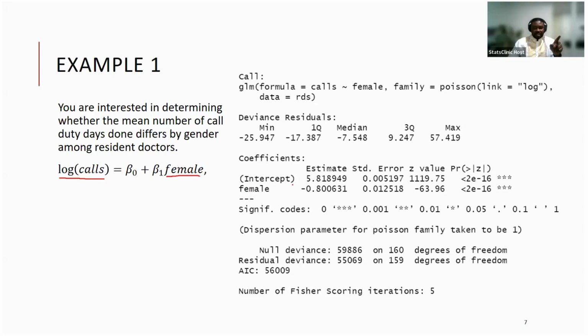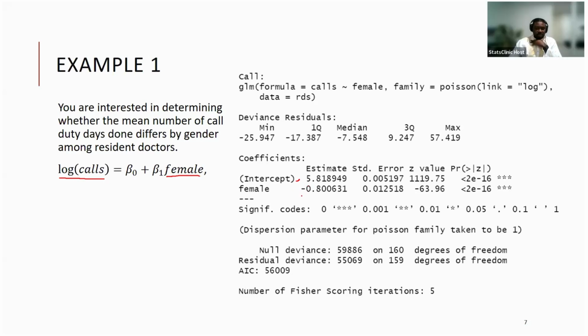Which residents does the intercept apply to? All the resident doctors. Okay, keep going. But for a female resident, the number of calls they do is log of minus 0.8.